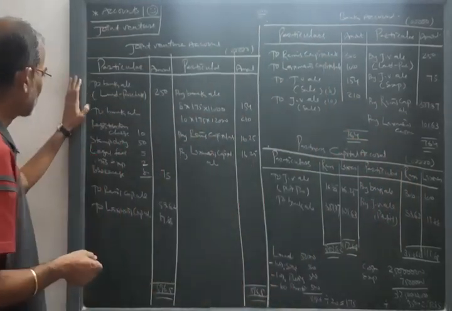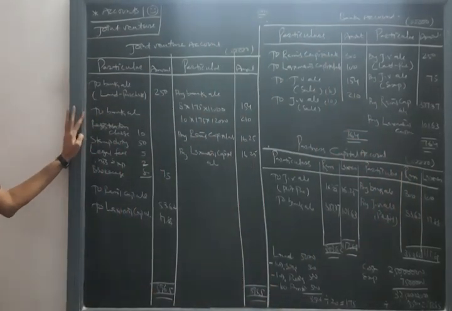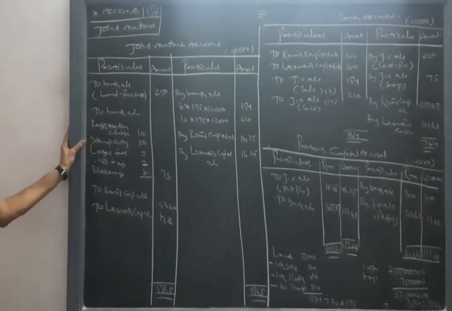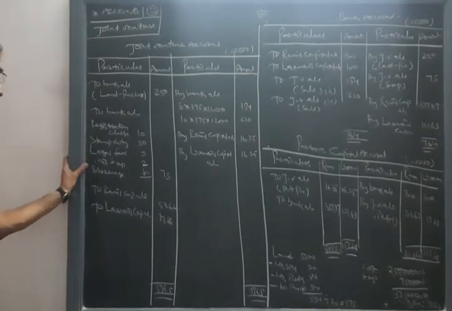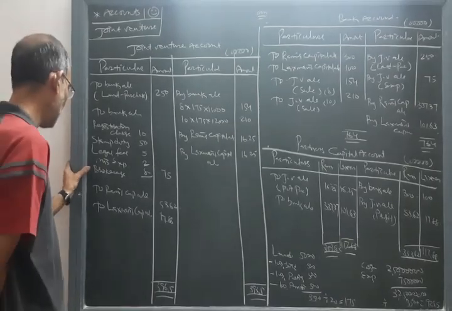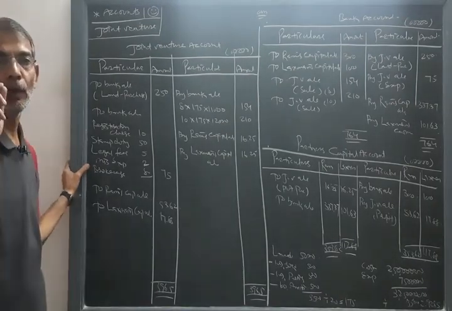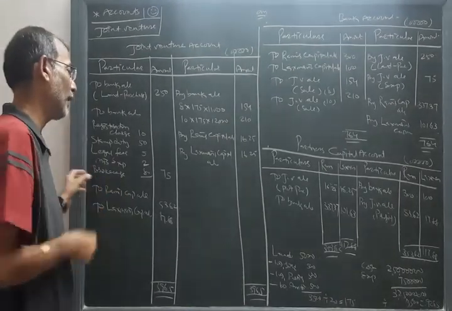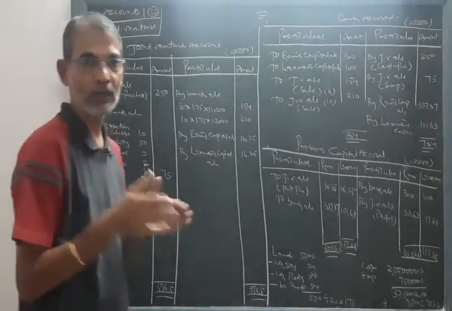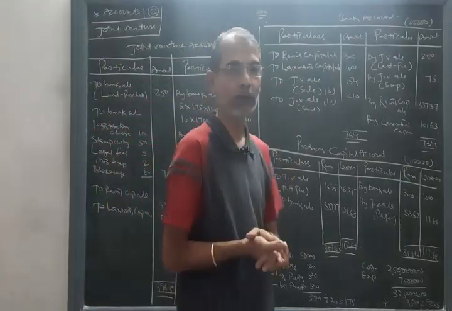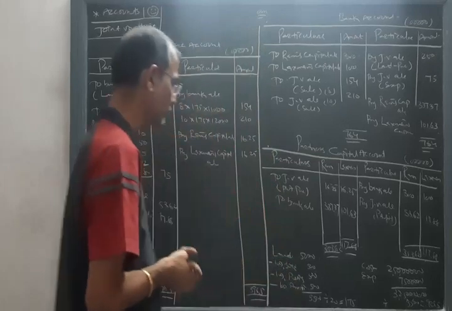Then after there were expenses: registration charge 10 lakh, stamp duty 50 lakh, legal fees 5 lakh, miscellaneous expense 2 lakh and brokerage 8 lakh. Total expenses are 75 lakh on the debit side of the joint venture account, while on the credit side of the bank account.